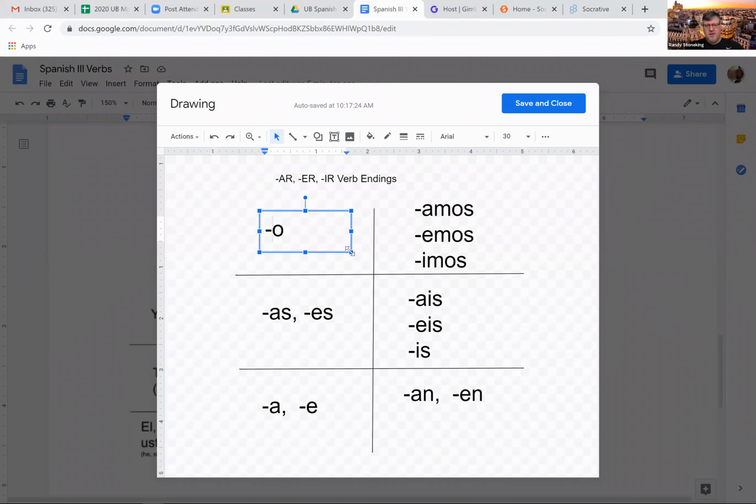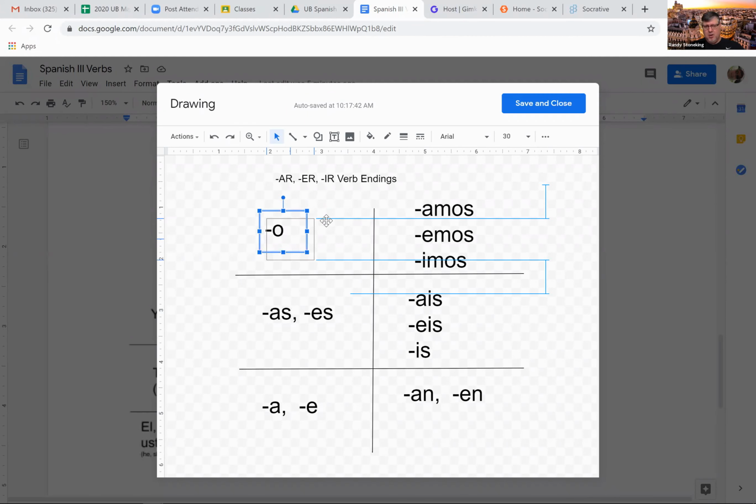So the yo ending, O, is the only one that doesn't matter. It's always going to end with an O. Doesn't matter whether it's an AR verb, an ER verb, or an IR verb. The ending of it would always be O.